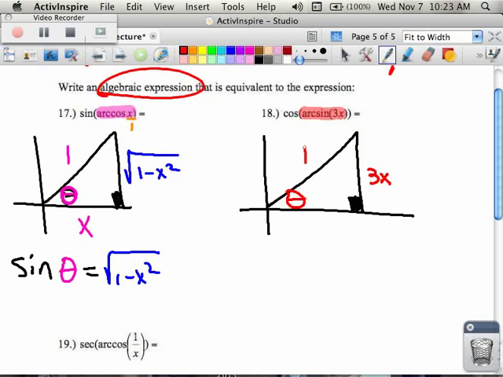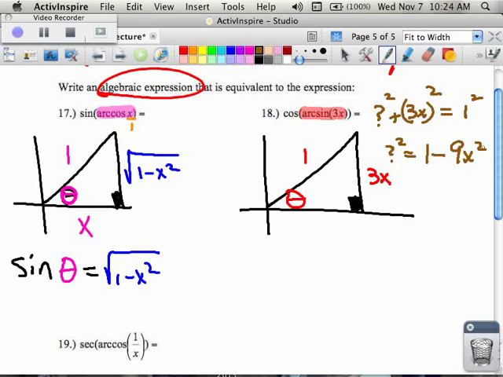Remember the Pythagorean theorem says that we have leg squared plus leg squared is hypotenuse squared. So I know that that unknown side, question mark, squared, plus 3x parentheses squared equals 1 squared. If I move the 3x to the other side, that means that my question mark squared equals 1 squared, which is 1, minus 3x quantity squared, which is the same as 9x squared.